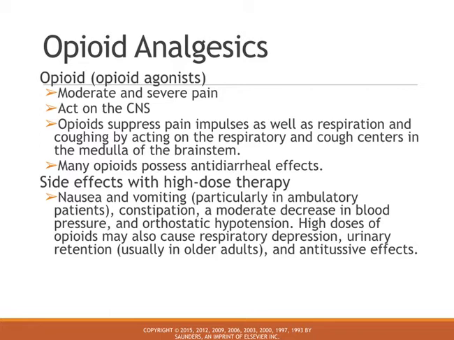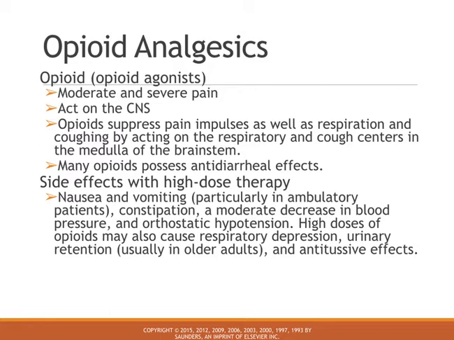They also can relieve the cough, so we call them antitussives. That means it reduces the cough impulse. And the other thing is it can slow other things down, such as the digestive system, so it can cause constipation.